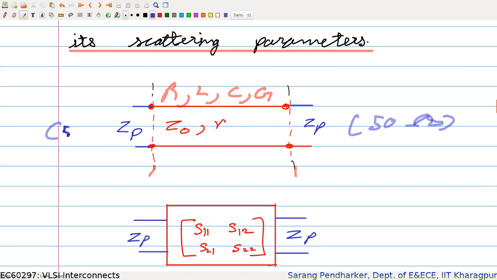It is not necessary, but most of the time probes have 50 ohm impedance. In the formulation which I am giving, I have assumed that this is symmetric, so this is Zp on both sides. This is the port impedance.